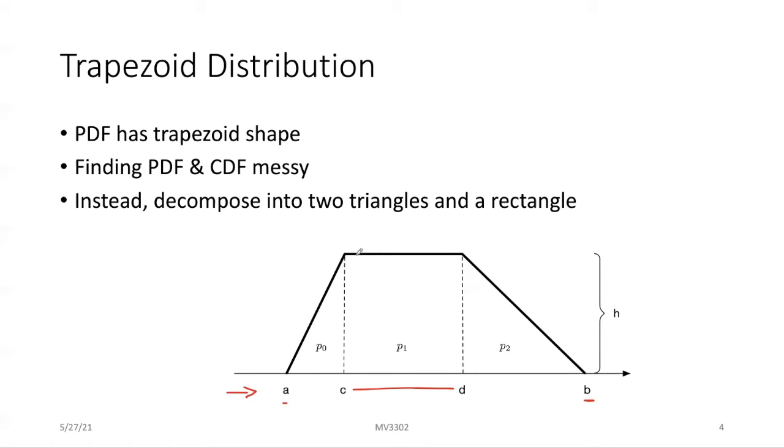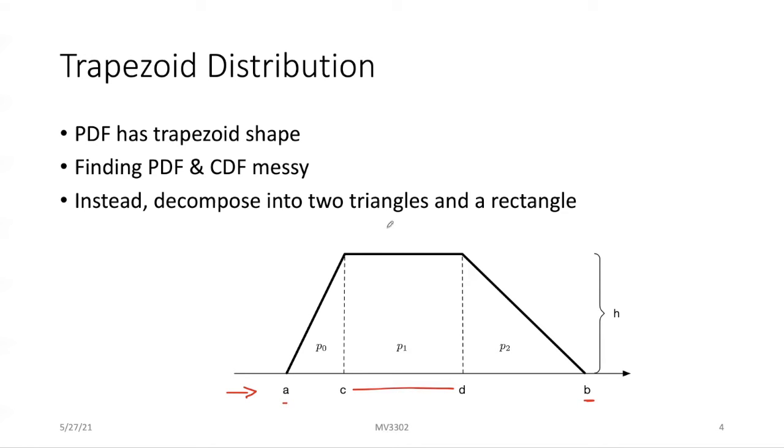So this distribution, the PDF, has the trapezoid shape, and the basis of it is just these four values. Finding the PDF and CDF is messy. It's absolutely doable, really not a problem at all, but it's messy and prone to errors.